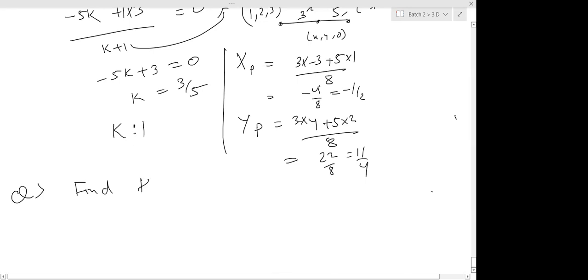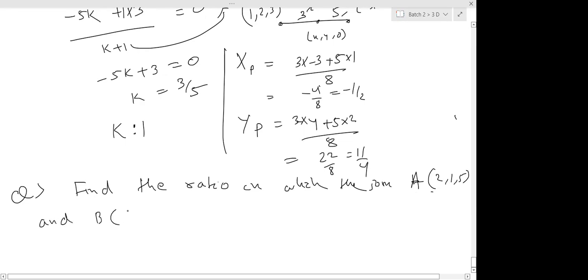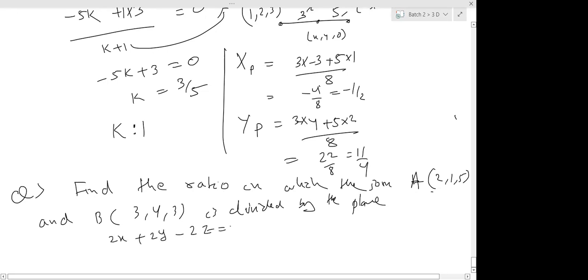Find the ratio in which the join of A (2, 1, 5) and B (3, 4, 3) is divided by the plane 2x + 2y - 2z = 1.